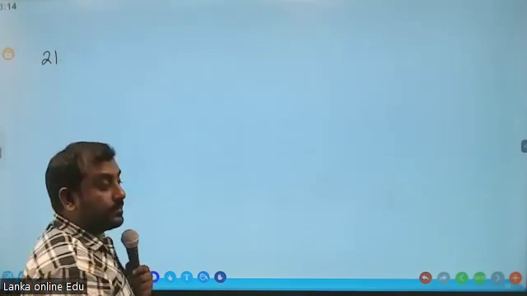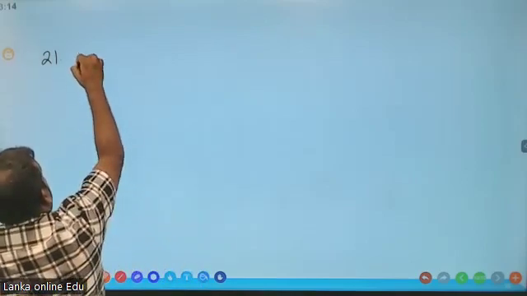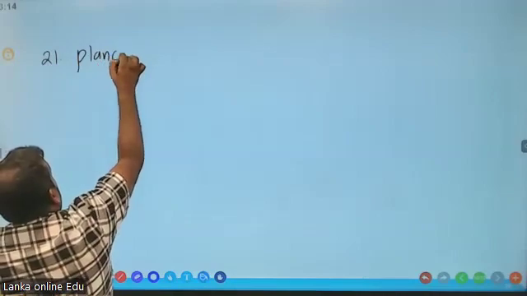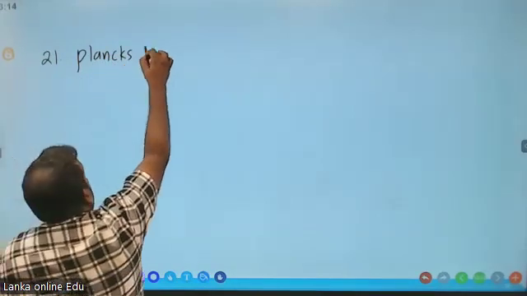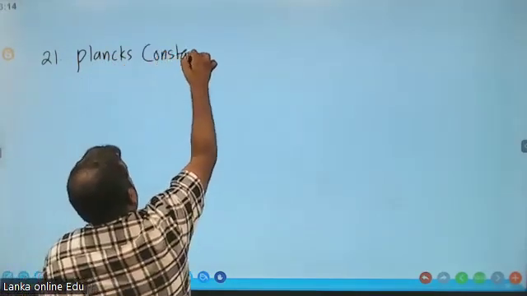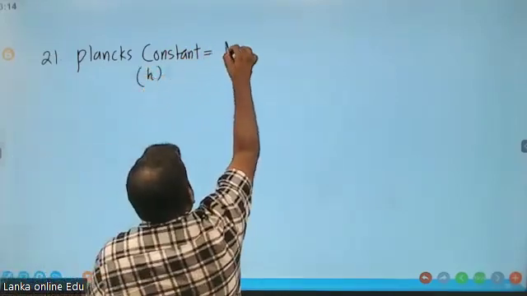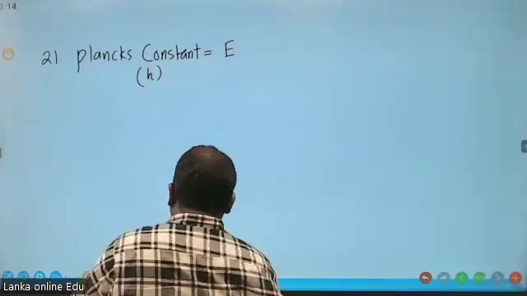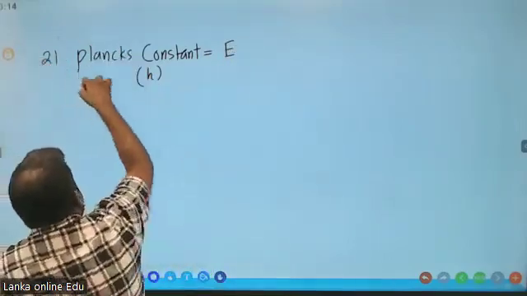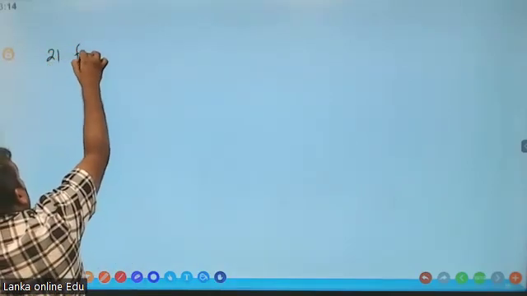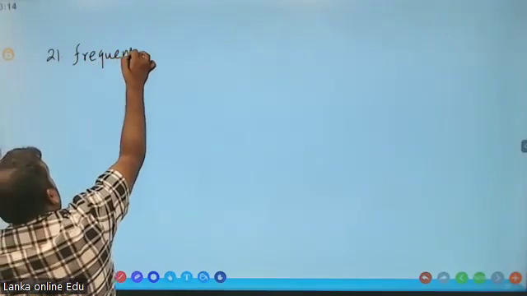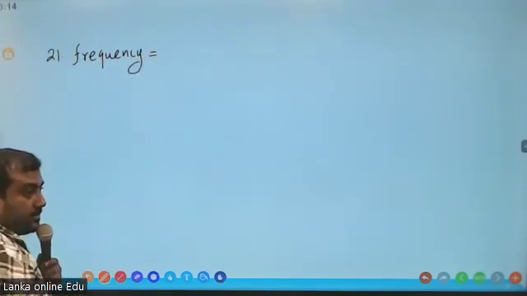Look at this now. Number 21: Planck's constant. Planck's constant, let's say the normal symbol is h. Before I go here, I must teach you one more thing. You know this, but we'll learn it and go easier. 21 is frequency, O-level science.